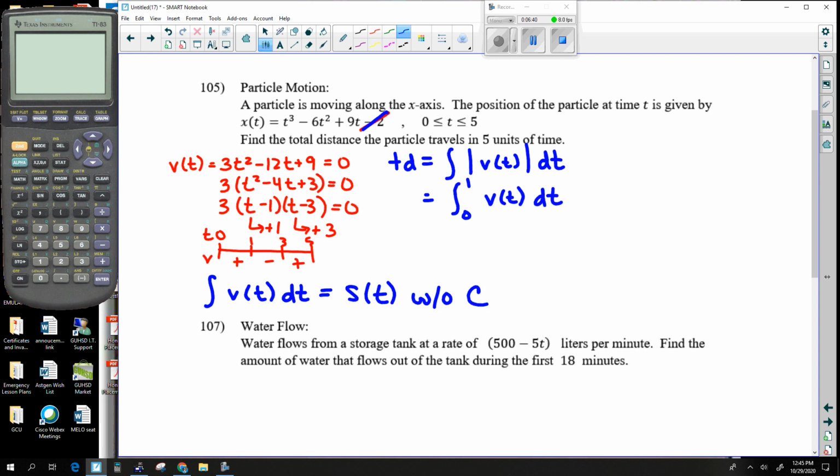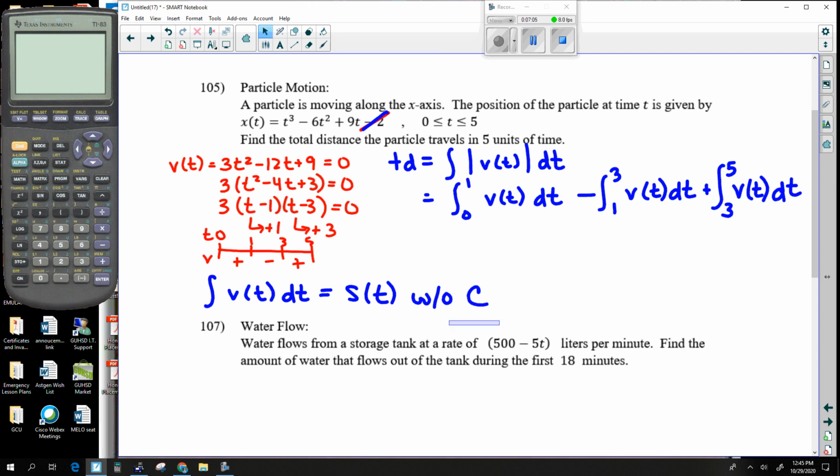And then it turns negative, so I'm going to minus that, so now it's a positive, and that's going to exist from 1 to 3. And then it turns positive again, and we're going to take that to the full 5 units of time there. And again, the integral of velocity is the position without that minus 2.